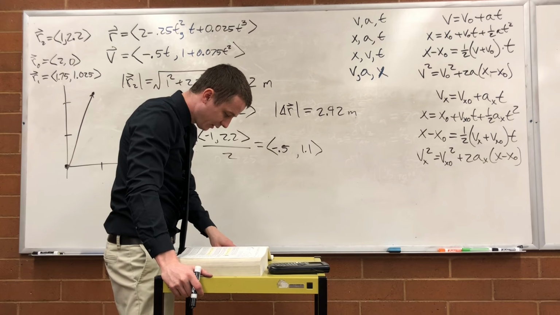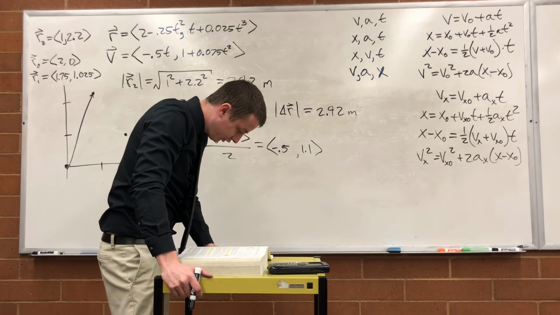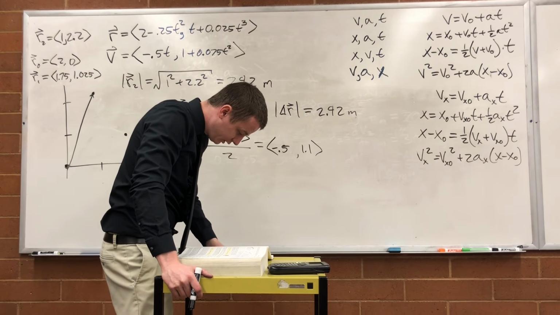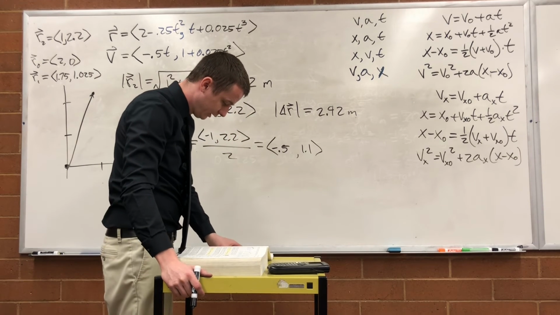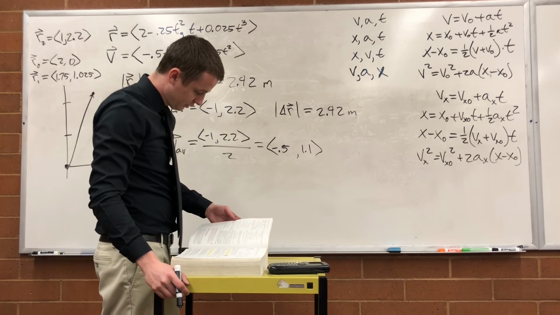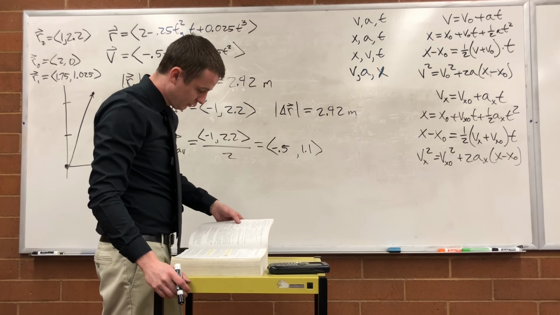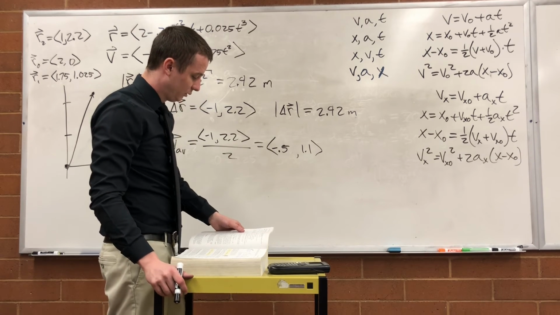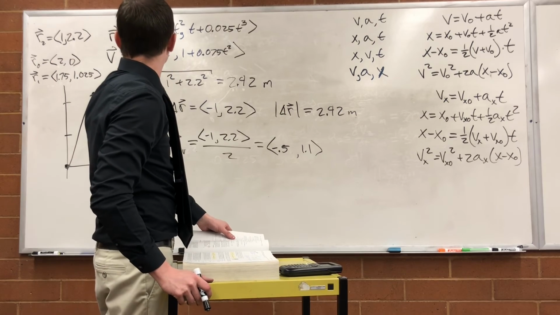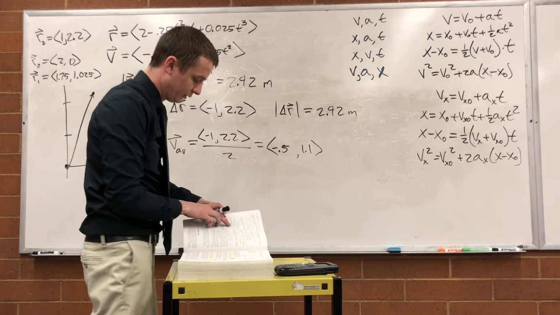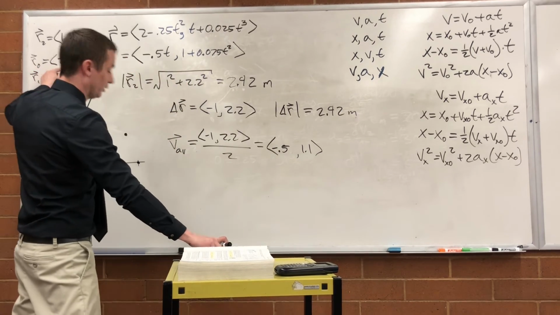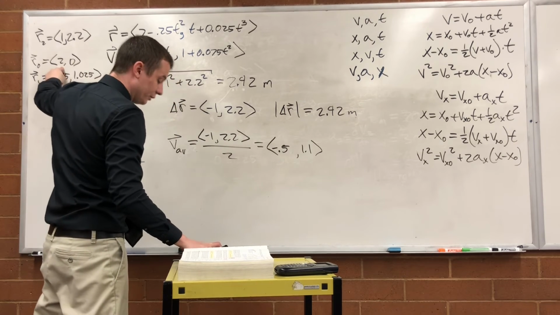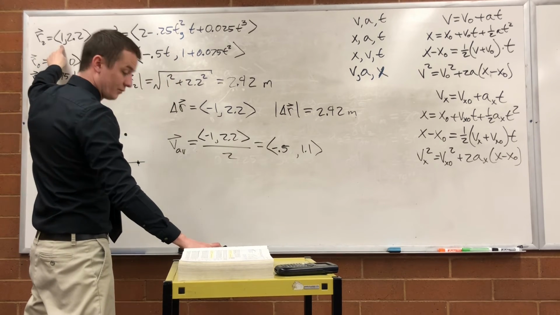B. To find the displacement and average velocity, we express the vector r as a function of time. So let's see, r0 was 2, 0. Sorry, I don't know why I said v. r0 was 2, 0. We did that right. r2 was 1 and 2.2.